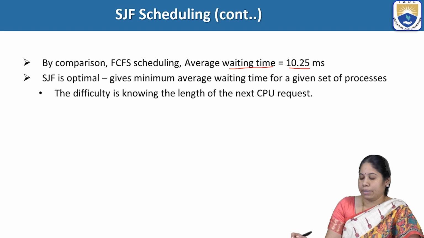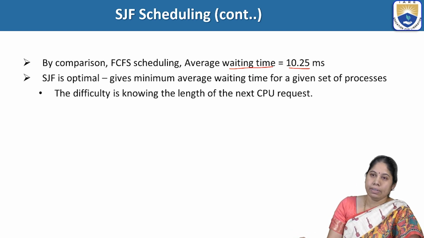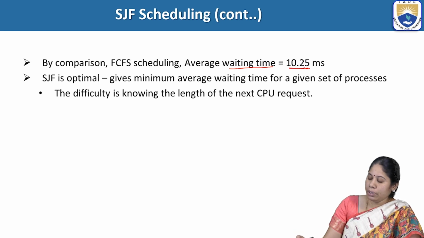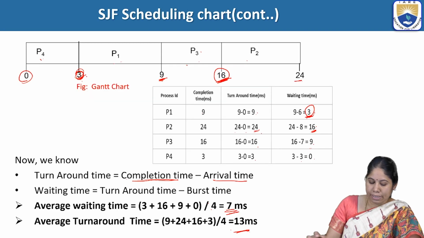You can just calculate it, because in the previous session I have done multiple problems. So the average waiting time is 10.25 milliseconds, whereas with SJF we got 7 milliseconds. So do we have an improvement in SJF or not? It means we have an improvement in the SJF scheduling algorithm.